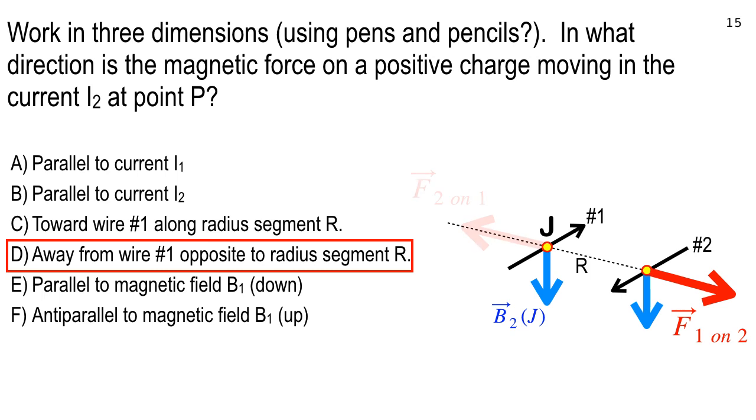Because current number 2 is going this way, on the far side away from you, from number 2, the magnetic field's also down.